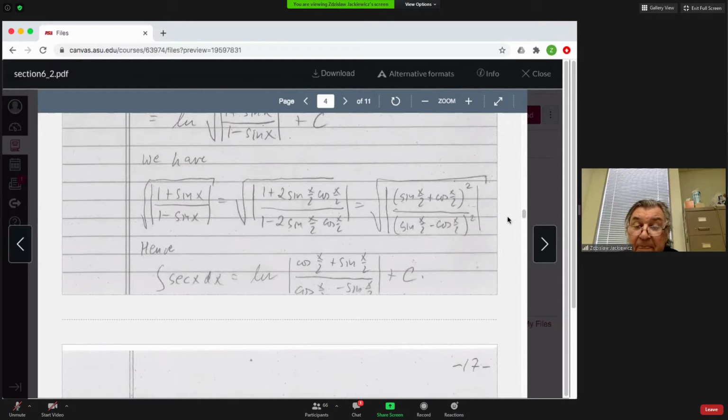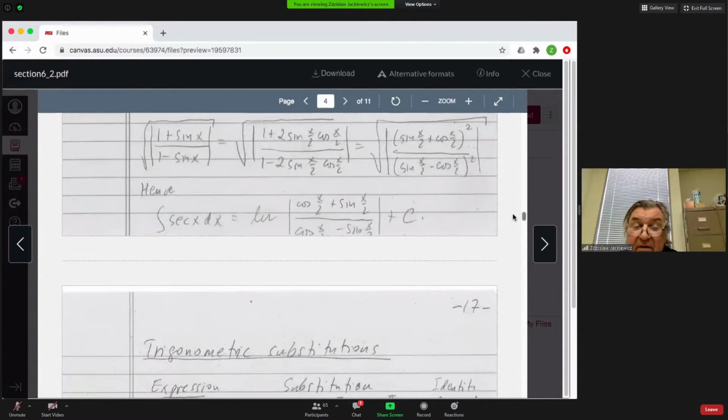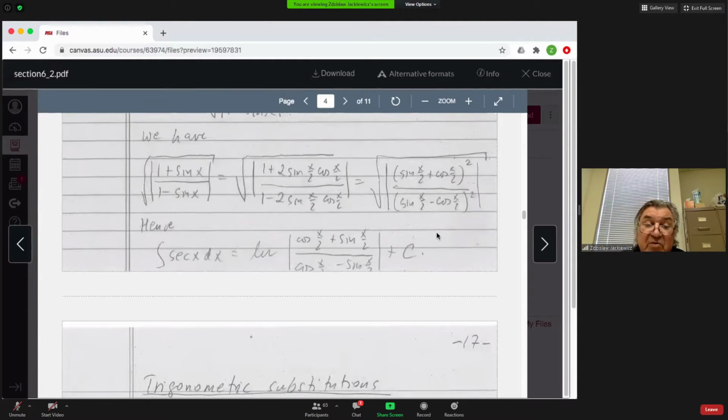Now, you see, the square and square root cancel, and what you get is that this thing is equal to cosine x over 2 plus sine x over 2 over cosine x over 2 minus sine x over 2. So those two formulas are equivalent. So ln of this is ln of this.